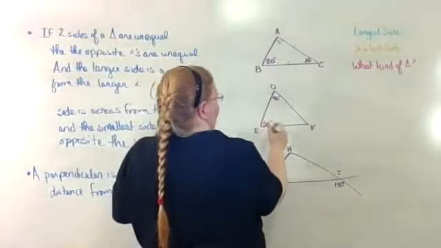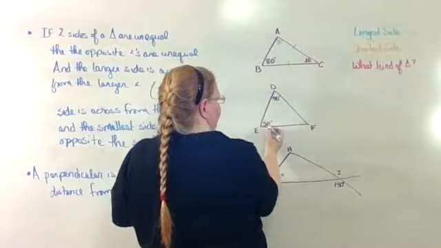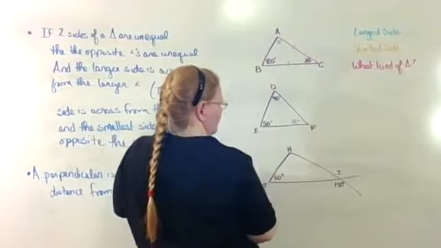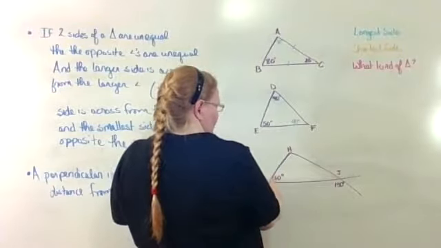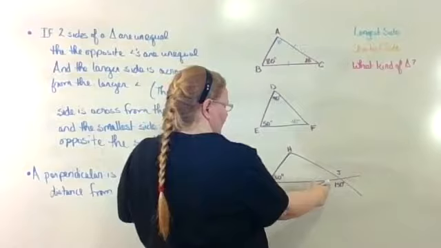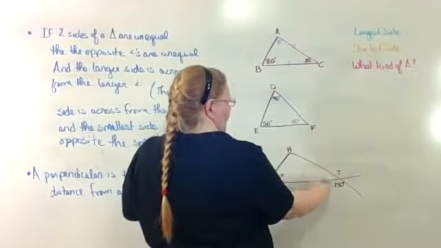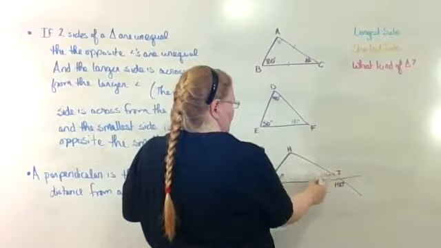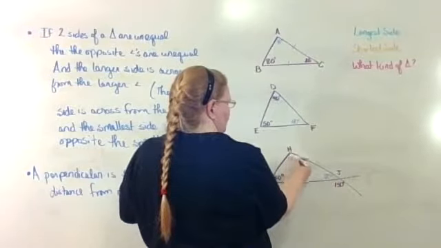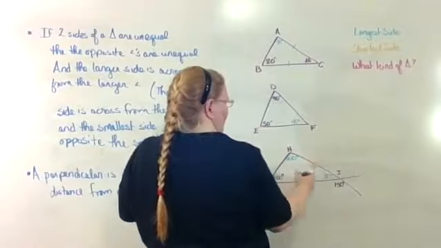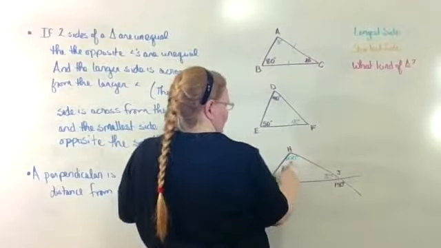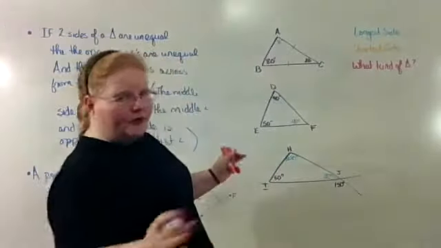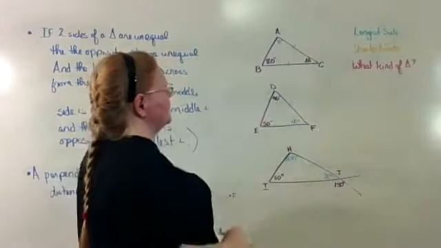This one happens to have currently in it 140 degrees, so this must be 40 degrees missing. This one has a 50 here and 150 there. So I could say that since these two are a linear pair, that one is 30 degrees, which means this one must be 100 degrees. Or I could have said that these two have to add up to 150, so that must be 100 degrees. But now that we've got them all out, I can start answering these.